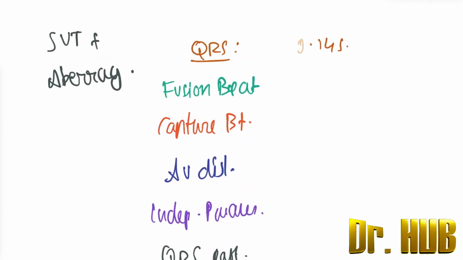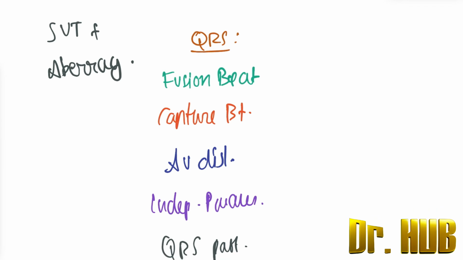How is the QRS in terms of the SVT with aberrancy? The QRS is going to be about 0.12 to 0.14 seconds, whereas in VT it was greater. Fusion beats are negative, and capture beats are usually unusual. AV dissociation is negative, and independent P waves are negative.